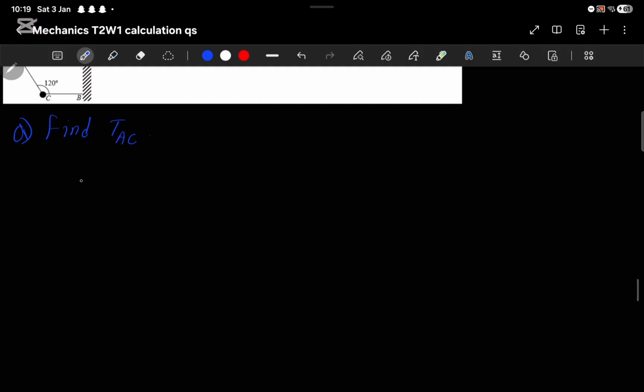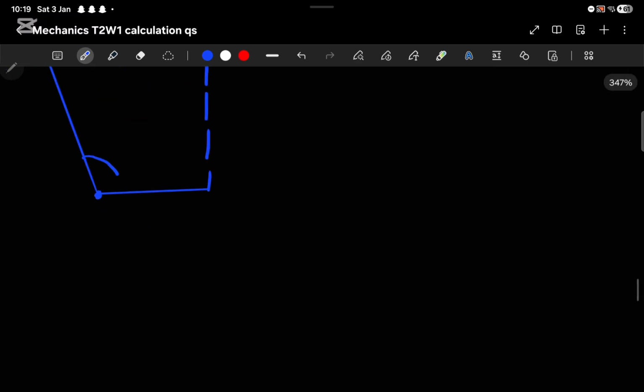Okay, so first of all, let's draw a free body diagram because I don't have space to do it here. So this is our surface. I'm just going to draw it with dashed lines. So you have here, let me just make that line shorter. Then you have here, that's going to become curved, isn't it? Yes, it will. Now this angle here is 120 degrees.